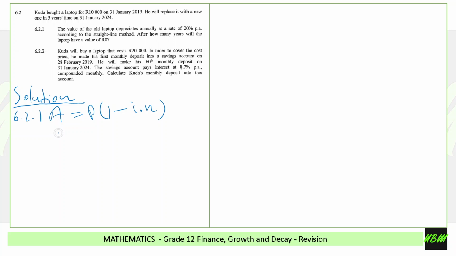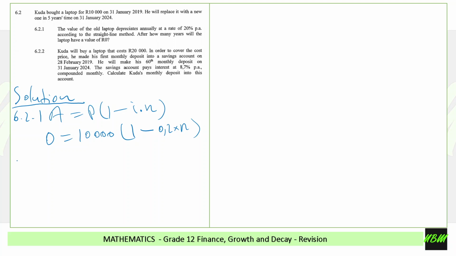The laptop is going to reduce to 0 rands. 0 equals the initial amount of the laptop, which Kuda bought for 10,000 rands, multiplied by 1 minus i, our interest rate as a decimal, 20% divided by 100, 0.2, multiplied by n, the number of years.